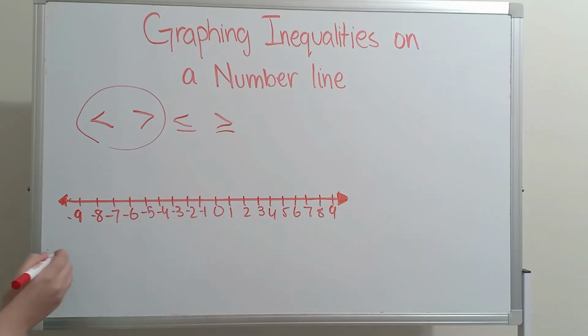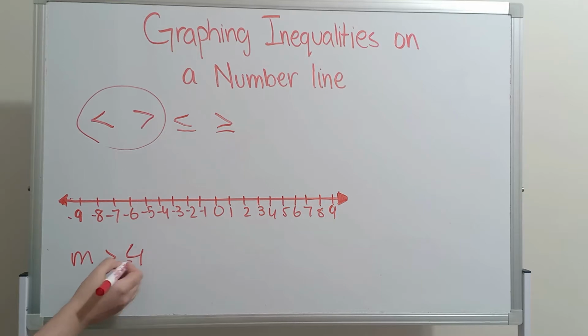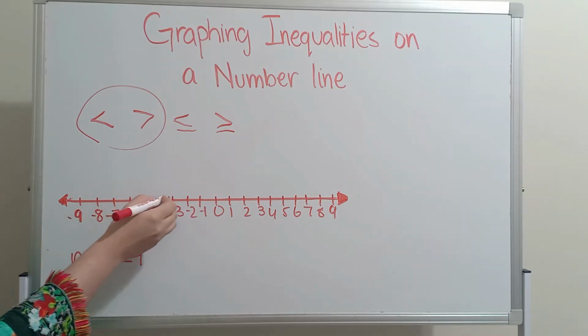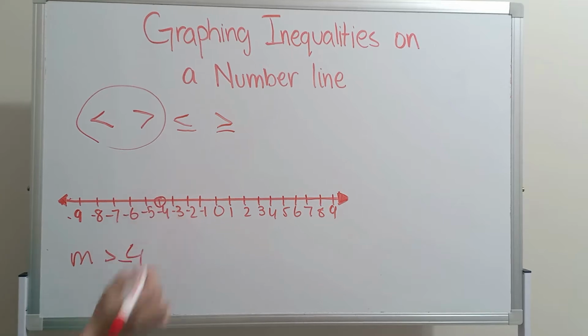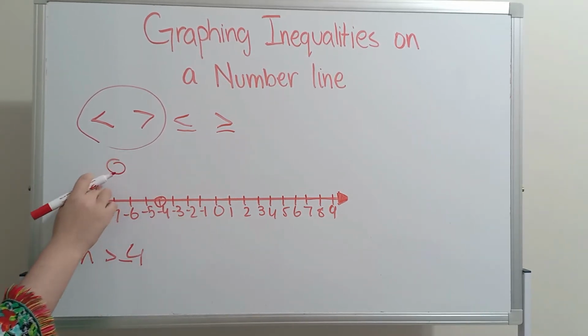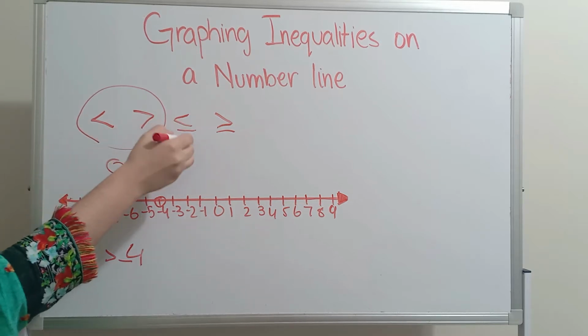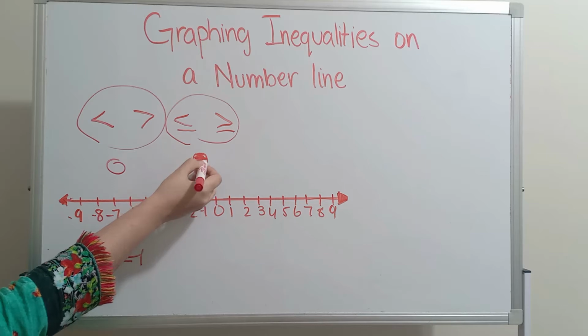So if the answer is m is greater than -4, when we go to -4 here, we will put an open circle like this. We put an open circle for these two, and for these two we will put a full colored circle.